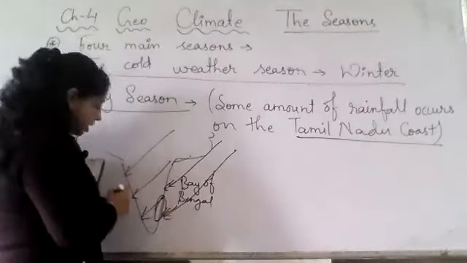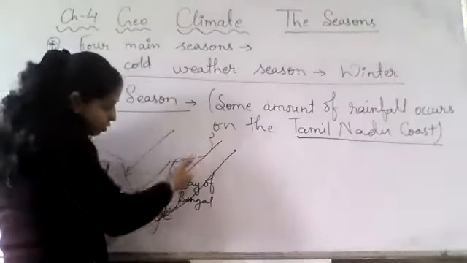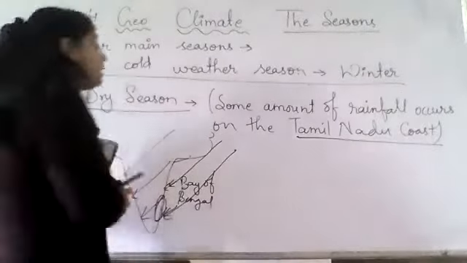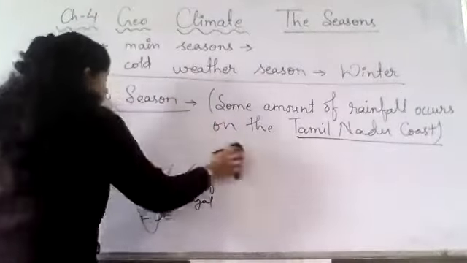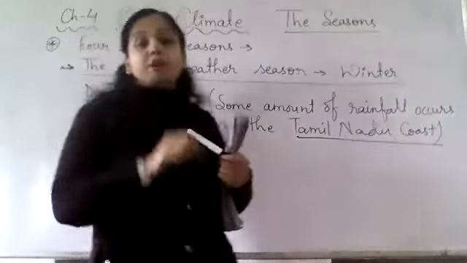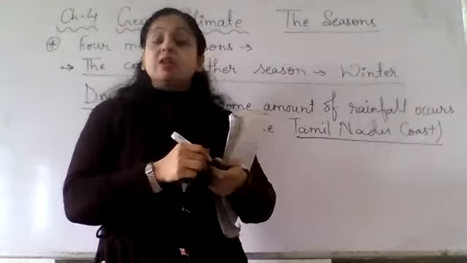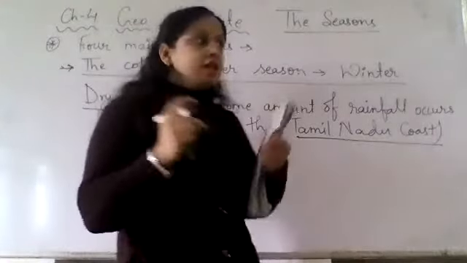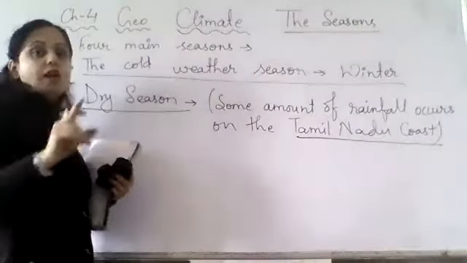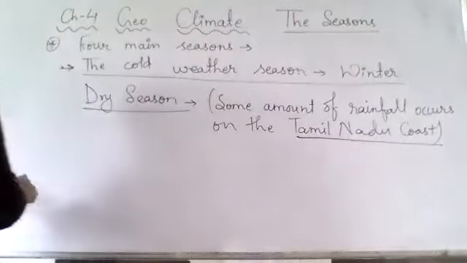So northeasterly winds, when they come towards Tamil Nadu, come through the Bay of Bengal, and that is why they take some moisture and it rains in Tamil Nadu in the months of October, November, sorry, November, December. In the winter season, you can see rainfall in Tamil Nadu.